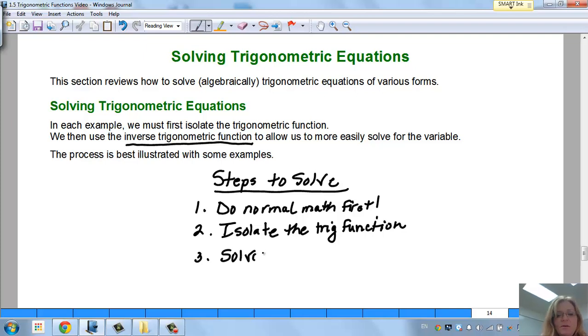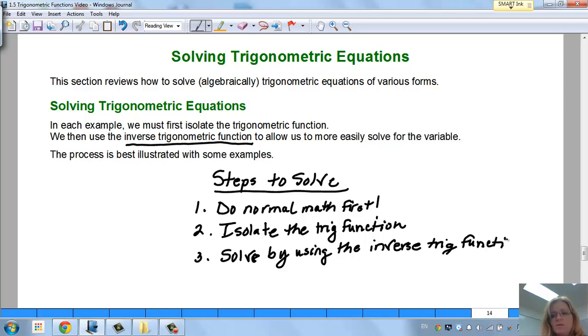Solve by using the inverse trig function. Then the next thing we're going to do is, please don't round.